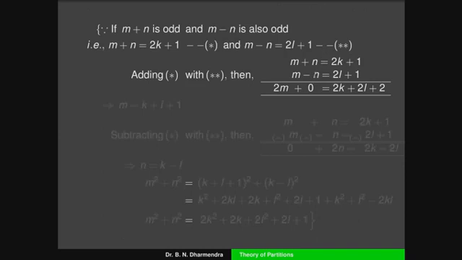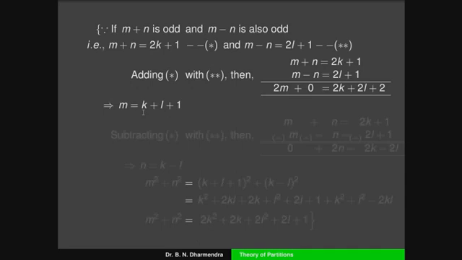So plus n and minus n get cancelled, that is 2m equals 2k plus 2l plus 2, because 1 plus 1 is there, or simply m equals k plus l plus 1, because 2 is on both the LHS and RHS and you can cancel it. Hence m equals k plus l plus 1.